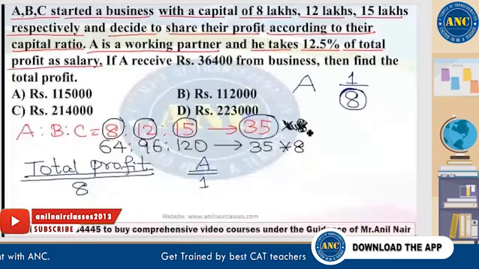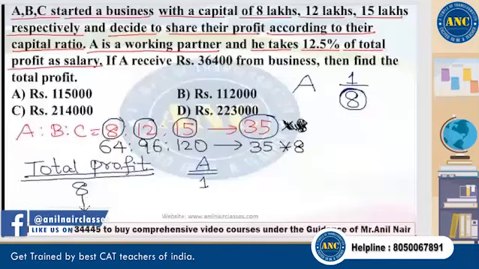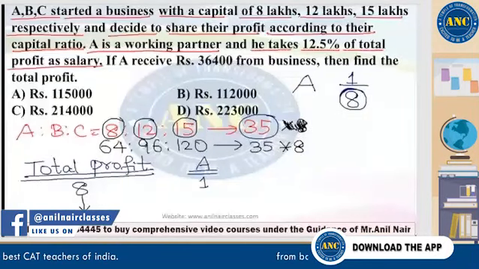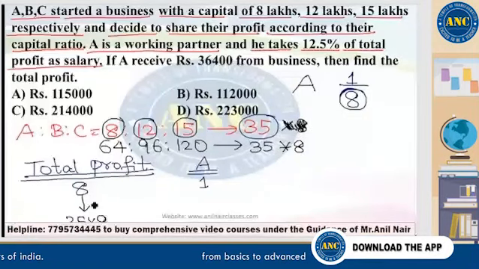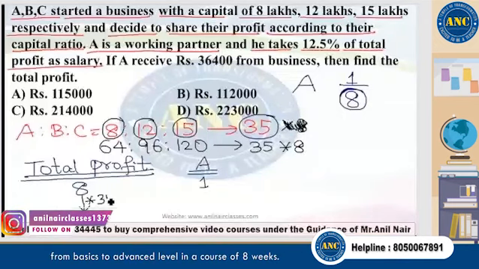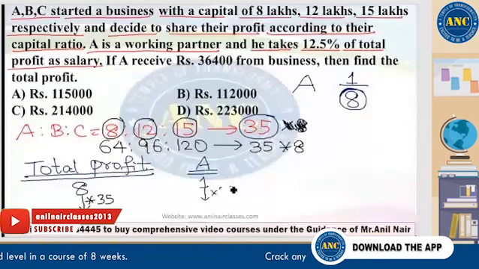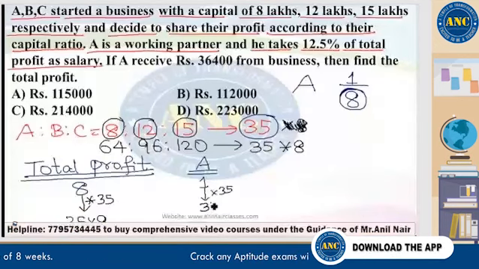Why did I take it like this? Because according to the ratio, total profit is 8. According to the question, total profit is 35 into 8. 35 should become 35 into 8. Multiplying factor is a whole number. Multiply by 35. 1 also multiply by 35. 1 into 35 is 35.